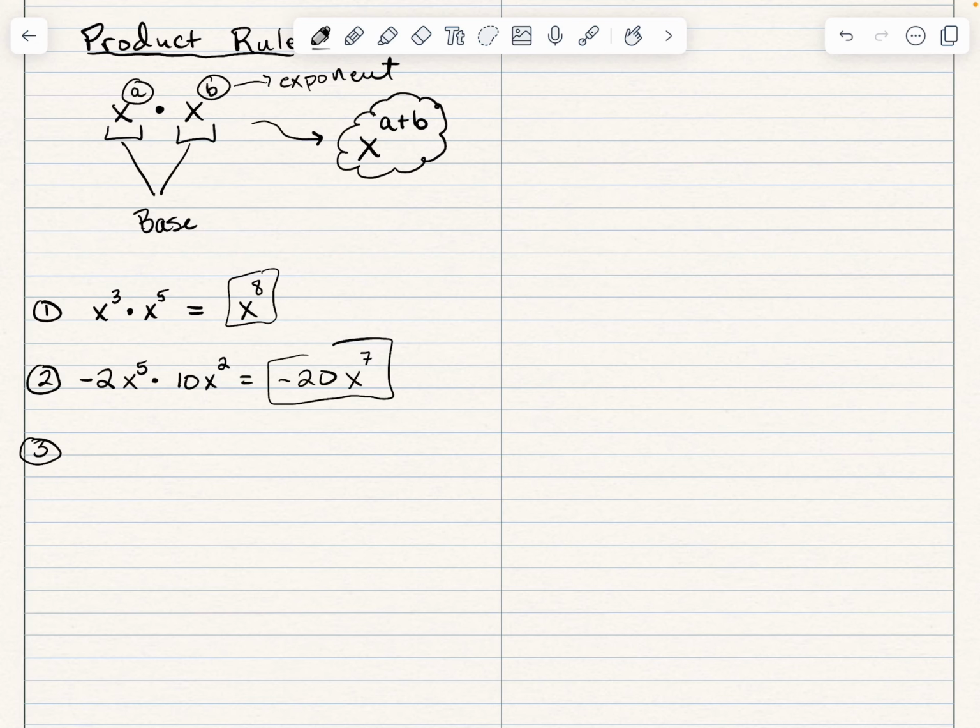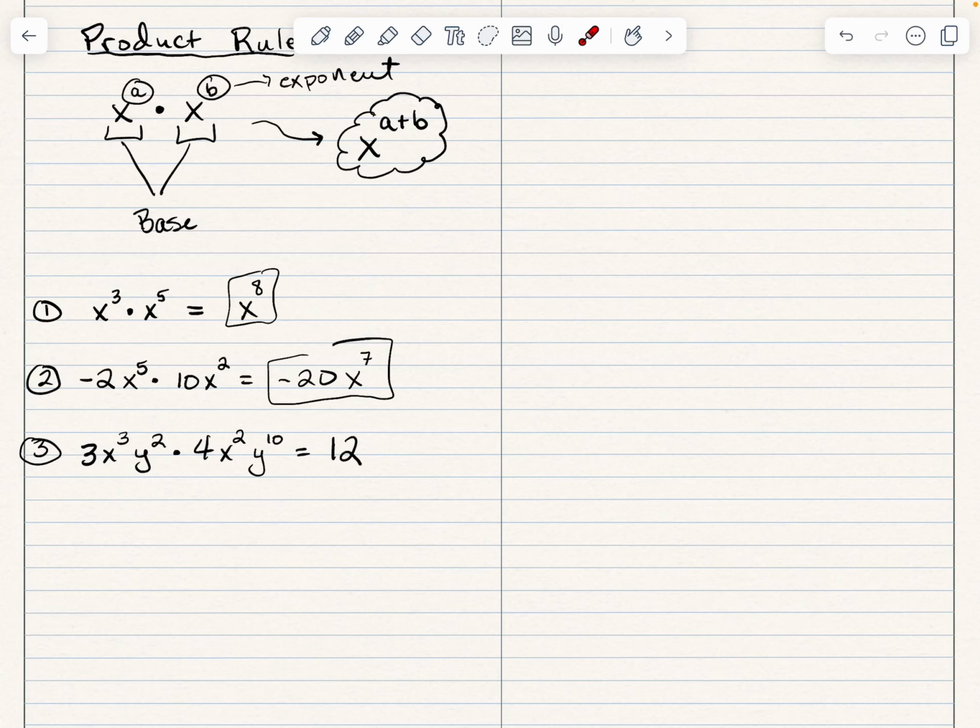Let's look at one more. Let's see if I have two different bases in there with exponents, so maybe an x and a y, or maybe an a and a b. Let's say we have 3 x to the third, y to the second, times 4 x to the second, y to the 10th. Again, the coefficients, the 3 and the 4, we're still multiplying together. 3 times 4 gives us a coefficient of 12. Then we look at the bases for the exponents.